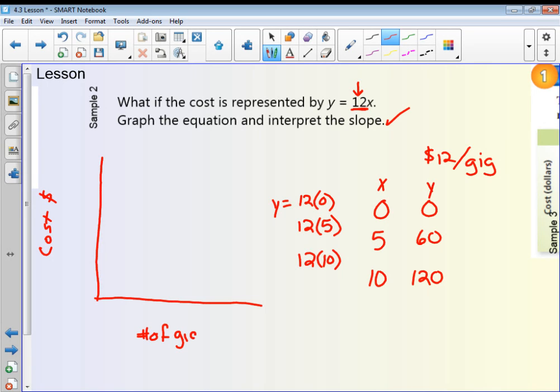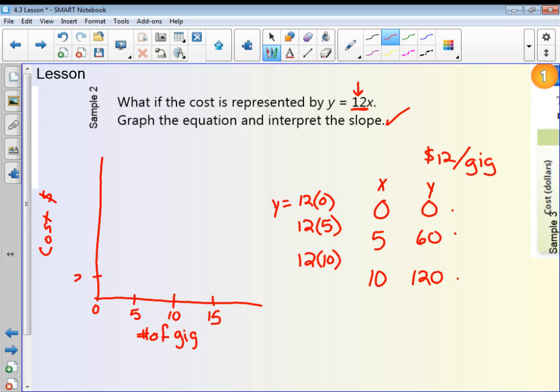You could look back at the original graph. I just didn't have it pulled back out. So I'll do this as 0, and I'm just going to mark every 5. And then going up, I could go by 20s, just because I'm noticing these are all multiples of 20.